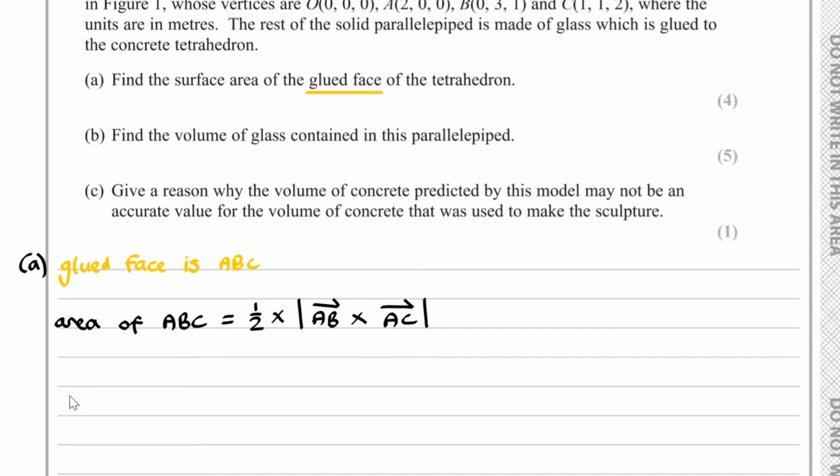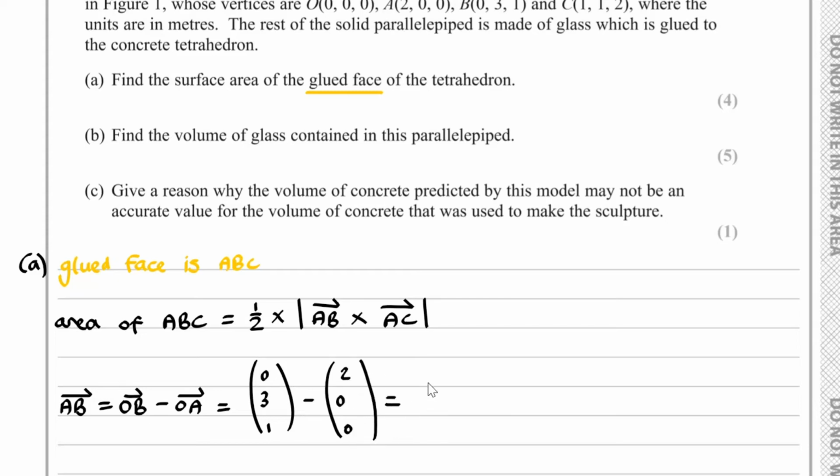Okay, now AB, that vector is the same as the vector OB minus OA. So we have 0, 3, 1 minus 2, 0, 0. The result of this is -2, 3, 1, which is the same as -2i plus 3j plus k.